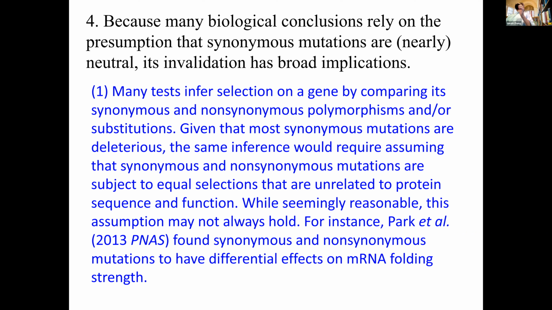For example, their effects on mRNA folding are not canceled out, and that has to do with the GC content at the third codon position being different from the first two positions. Synonymous mutations are mostly at the third codon position, so their effects on mRNA folding, for example, are not canceled out. So I think it's more complex, and we need to figure out ways to test selection in the context that synonymous mutations are not neutral.